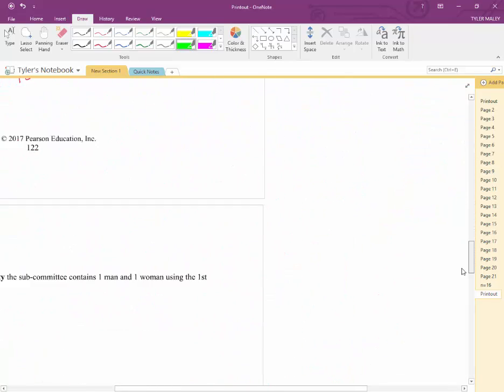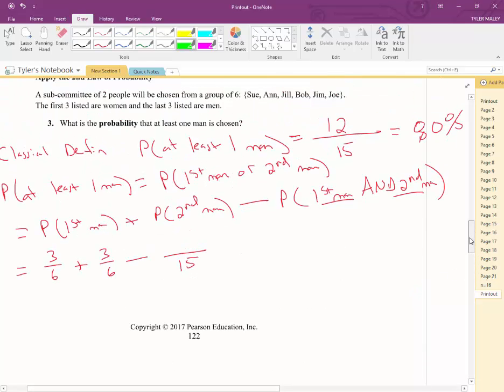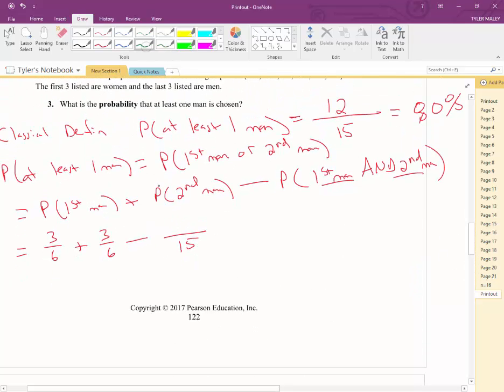So this would be 3 out of 15, because there are 3 cases out of 15 where both are men. Then if I do the calculation, we have 1 minus 3/15, which is 12/15, which is 80%. So we get 80% again.